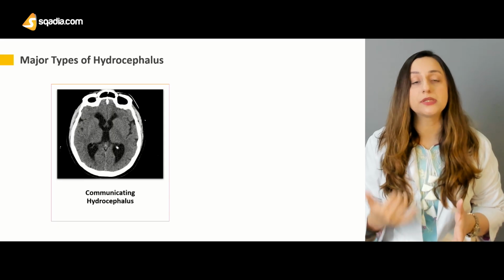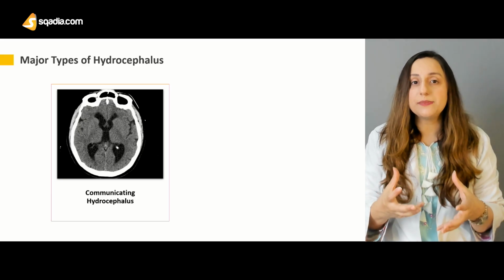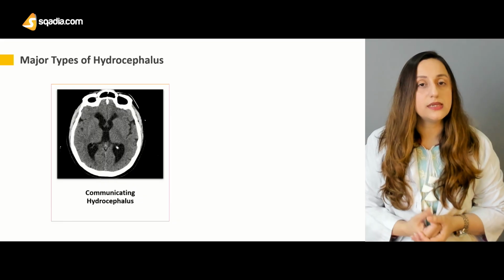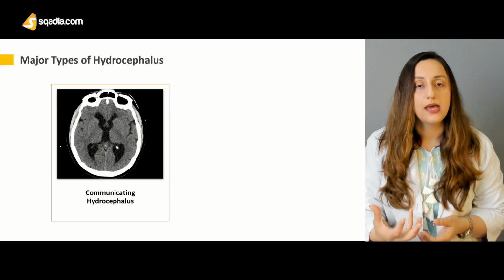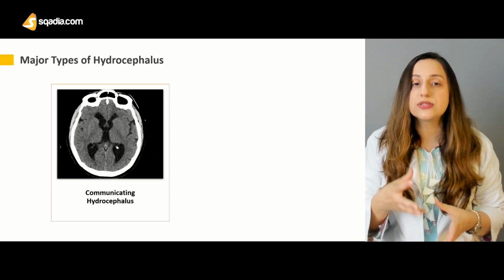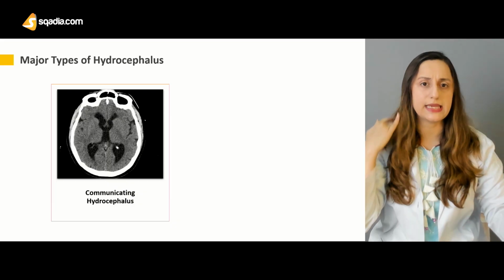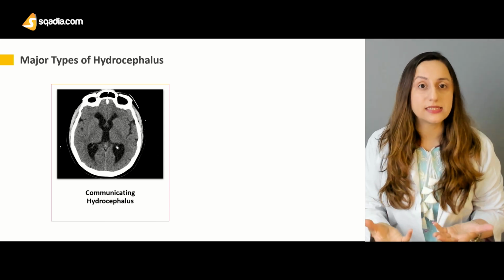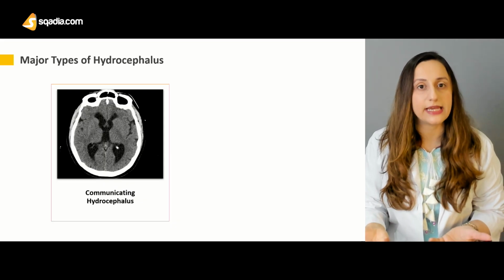So what might be the pathology in these patients? The pathology basically starts off in absorption, and there is some sort of disruption in the arachnoid granulations that project into the superior sagittal sinus. It can be some sort of infectious states, for instance arachnoiditis, meningitis, or viral encephalitis.